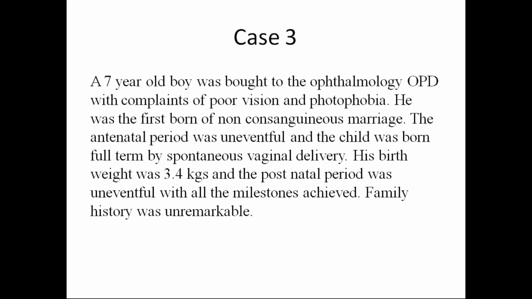The antenatal period was uneventful and the child was born full term by spontaneous vaginal delivery. Birth weight 3.4 kilogram and the postnatal period was uneventful. There is no problem. With all the milestones achieved, normal milestones, okay? Developmental milestone is fine. And the family history is unremarkable, okay?